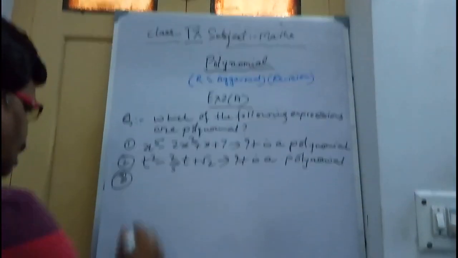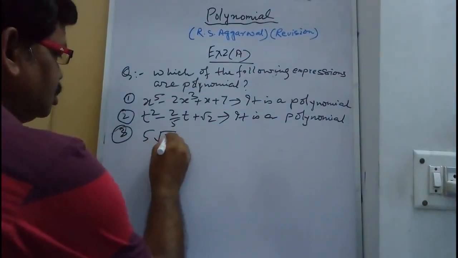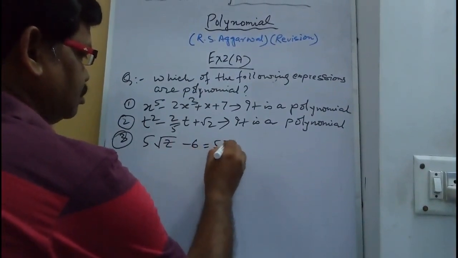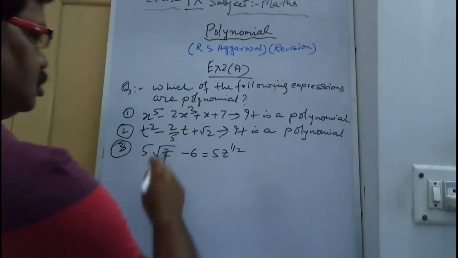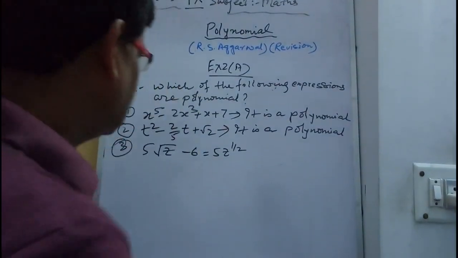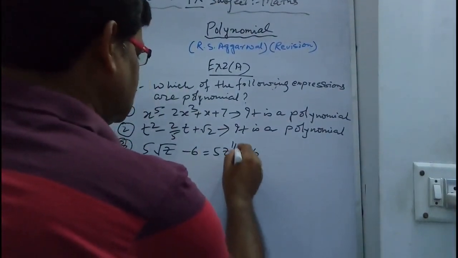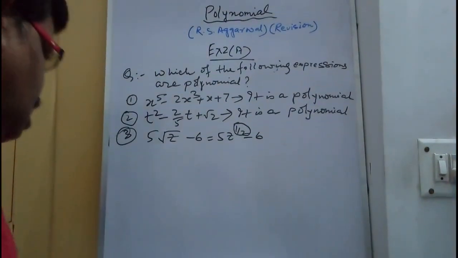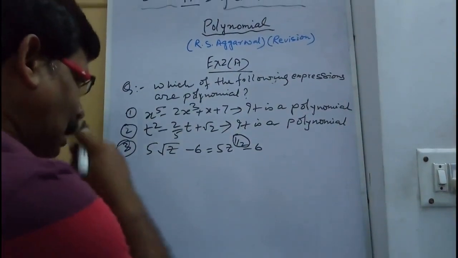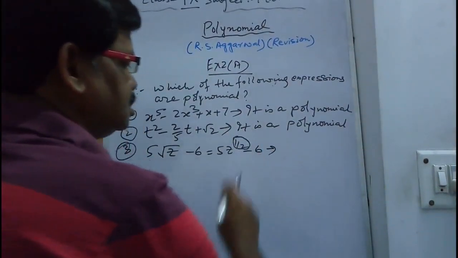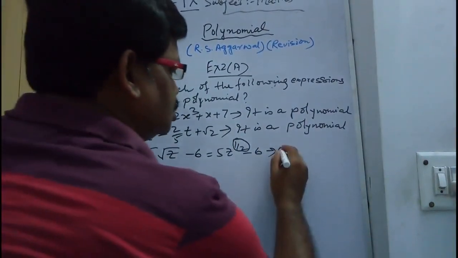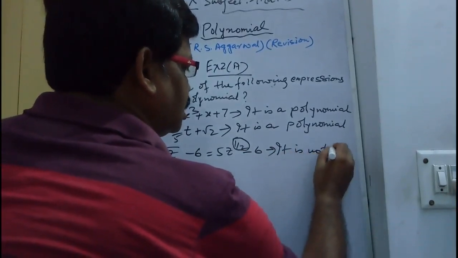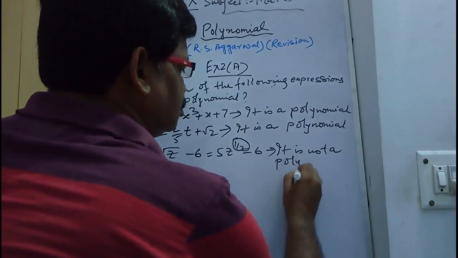Three: 5 root z minus 6. 5 z to the power half, the square root value is power half, minus 6. So this one is what? A rational power. So this expression is not a polynomial.